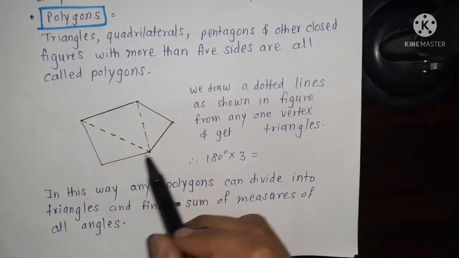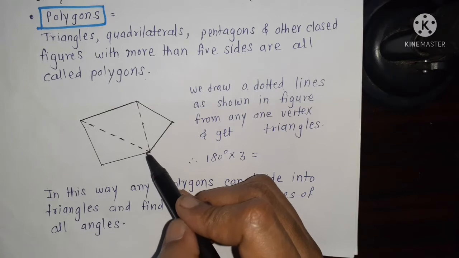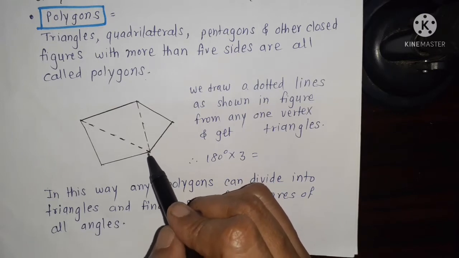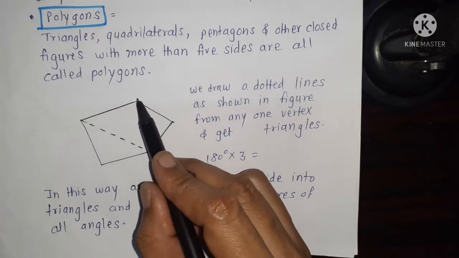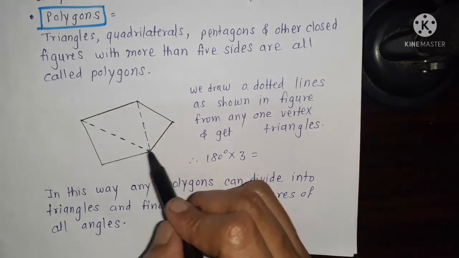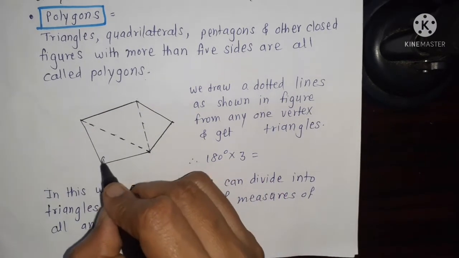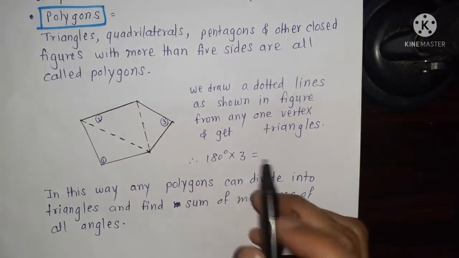Here one polygon is drawn. We draw dotted lines as shown in the figure from any one vertex. We can take this vertex and draw a line to the other vertices and we get triangles 1, 2 and 3. We get three triangles.